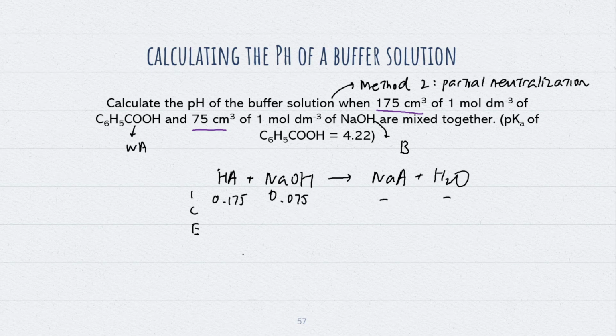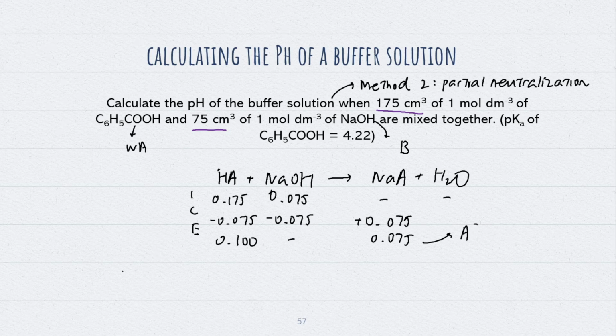Initially nothing happened yet, then neutralization occurred. Since your NaOH is the limiting reagent, all of your NaOH will be reacted away. We'll just ignore H2O. At the end of the day, we'll get 0.100 for HA, nothing for NaOH, and 0.075 for your salt, which contains your conjugate base.